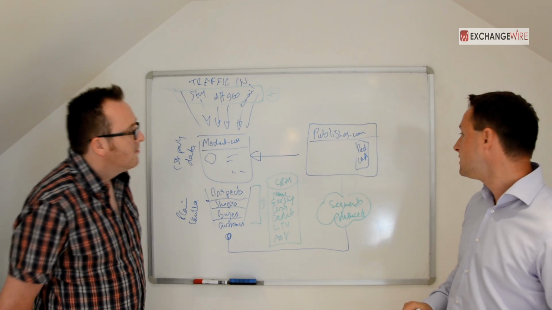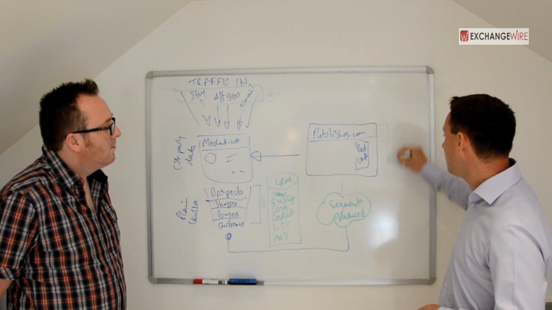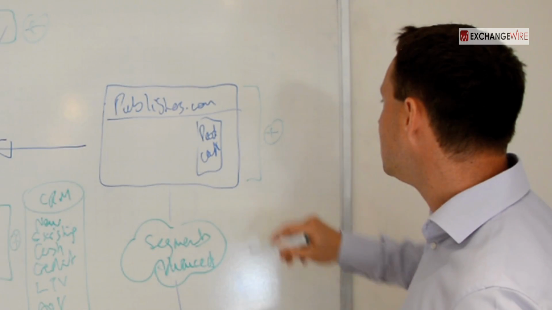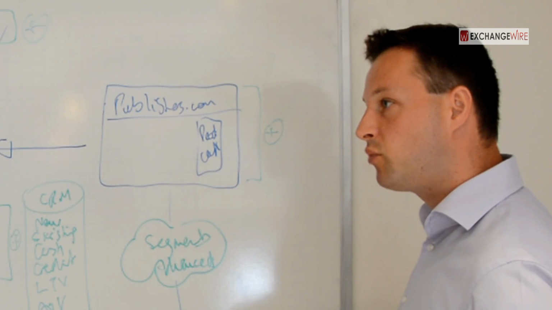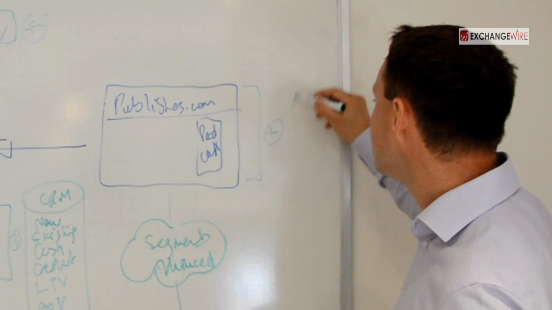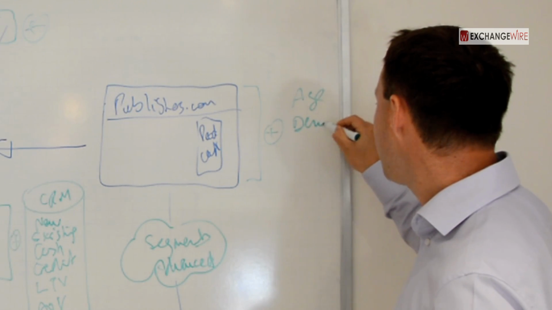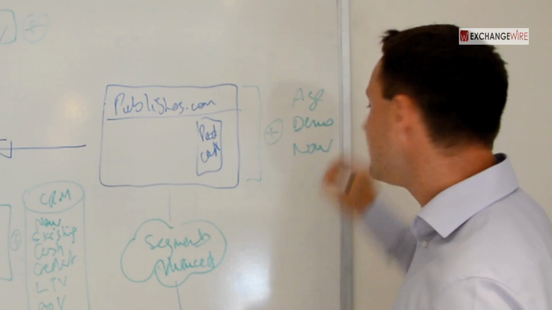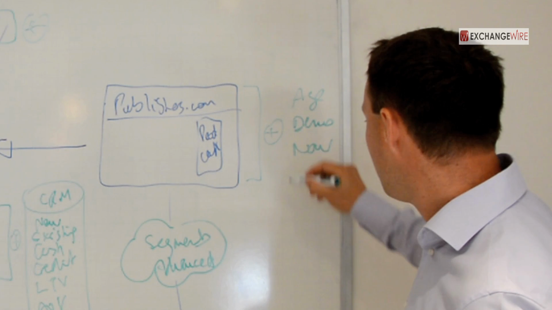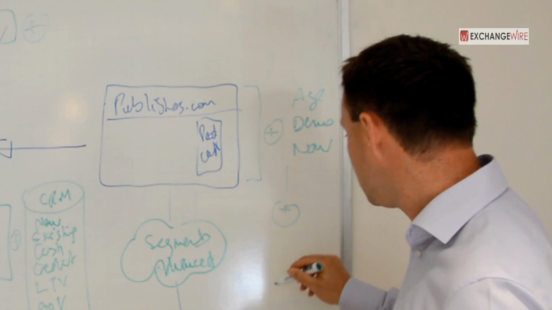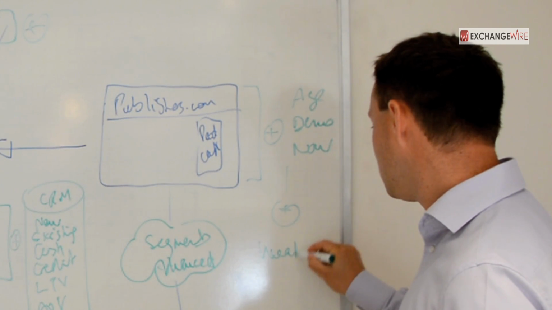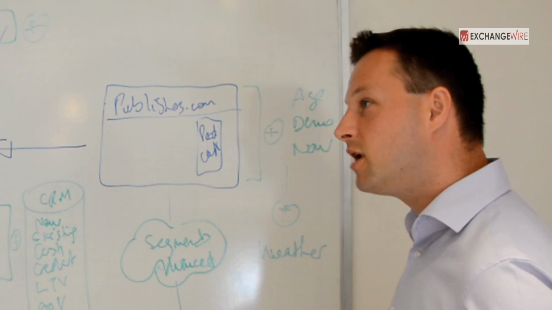Then on the media acquisition side, we're working with publishers who also pass us additional information, not on every impression, but a lot of impressions, such as age, demographic, and browsing and navigation. We also take information such as weather. Believe it or not, weather has a very big impact.